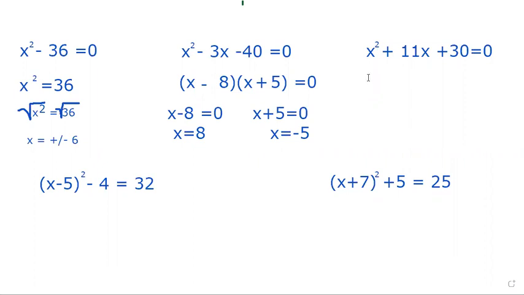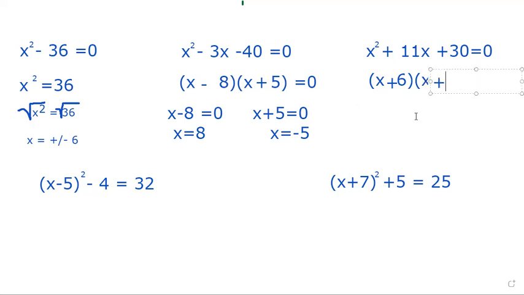But what about 6 and 5? And that's how we choose this. That's x plus 6 and x plus 5. How do we know it's plus? Because both of them have to be positive.